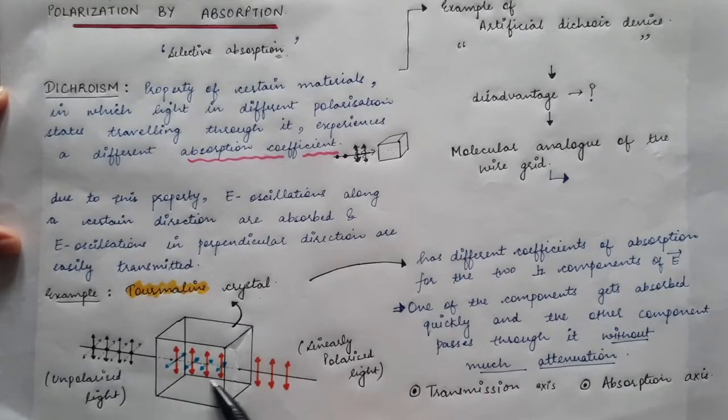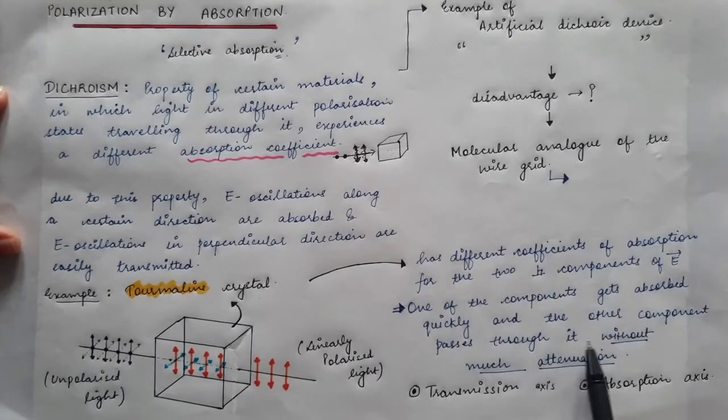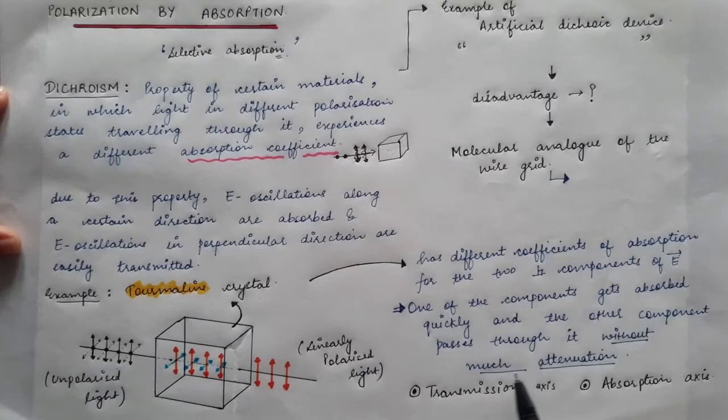So as the EM wave travels through this tourmaline crystal, the component of the electric field shown in orange easily passes, whereas the perpendicular component gets absorbed. One of the components gets absorbed quickly and the other passes through without much attenuation. There is no much decrease in the magnitude of this component, so it easily passes through the tourmaline crystal.